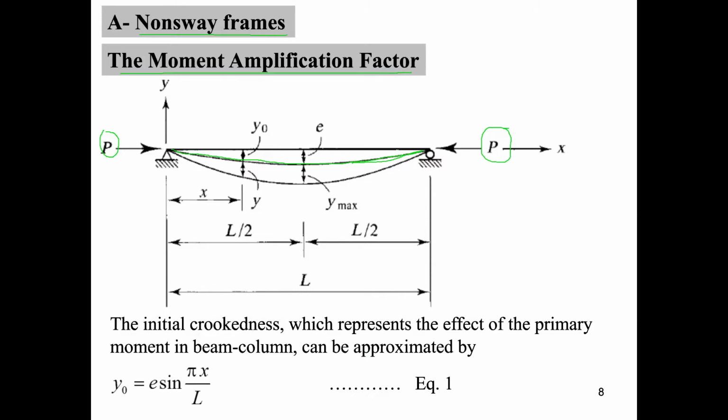The initial crookedness, which represents the effect of the primary moment in the beam column, can be approximated by y0 equals e sine pi x over L, where L is the length of the structural member, in this case a beam column, and e is the mid-span deflection of the structural member, which is the maximum deflection. y0 is the deflection of the structural member at any distance x measured from the left support.